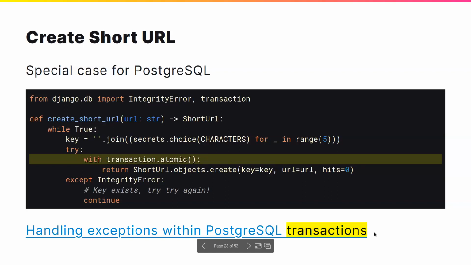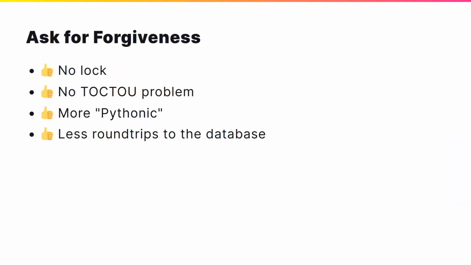So there's an entire section in Django documentation that explains that. So I'm not going to get into that, but if you are using Postgres, then you need to add another transaction inside, okay?